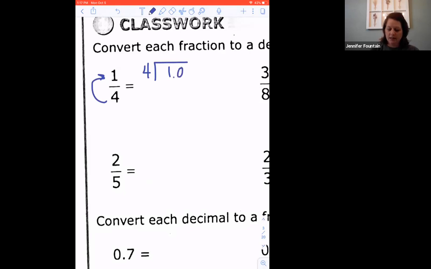I know that 4 will not go into 1, so I put my decimal. So 4 will go into 10 2 times, and 2 times 4 is 8. So 10 minus 8 is 2. Add a 0, bring it down. So now I have 20. And 4 will go into 20 5 times. 5 times 4 is 20. So I have no remainder.